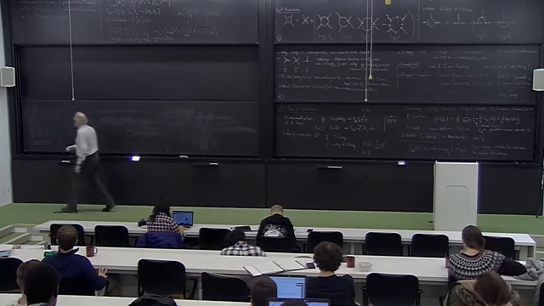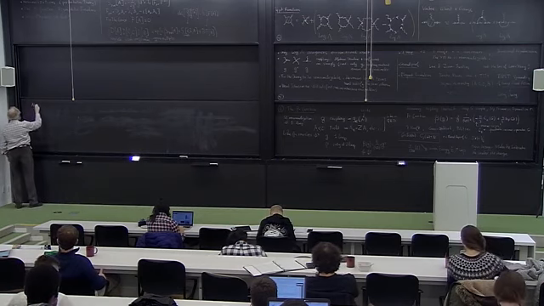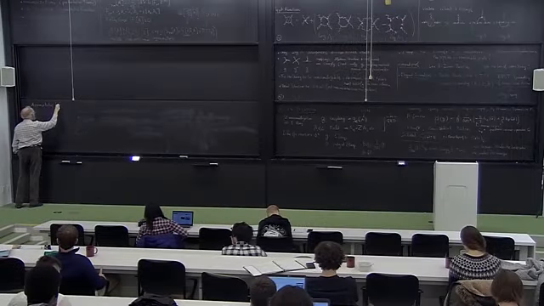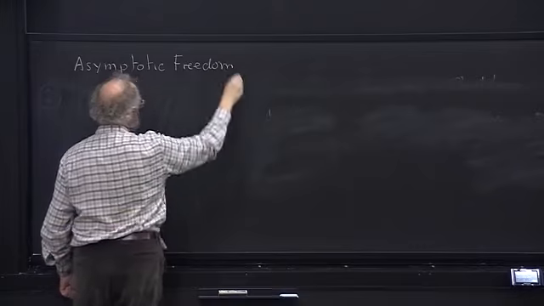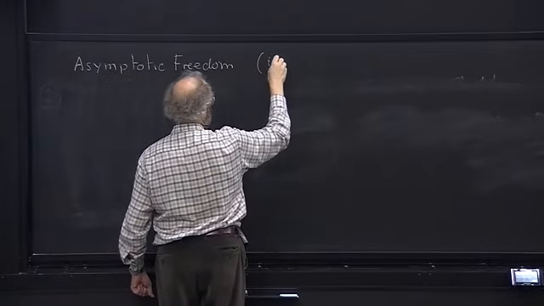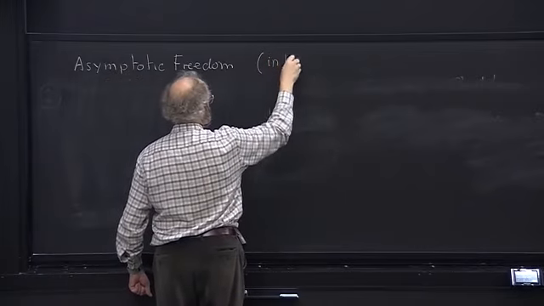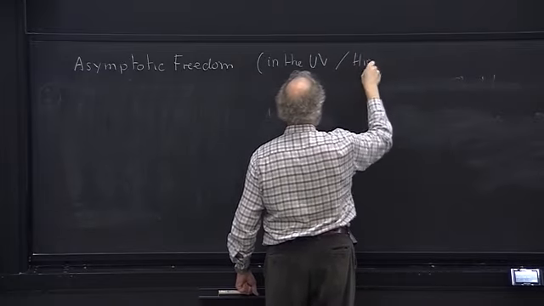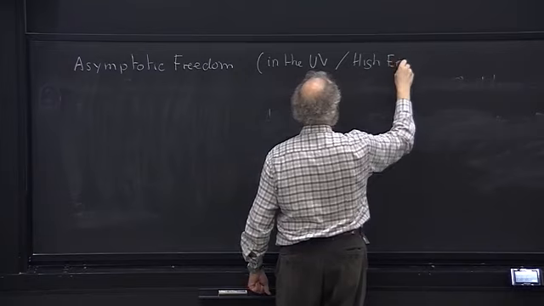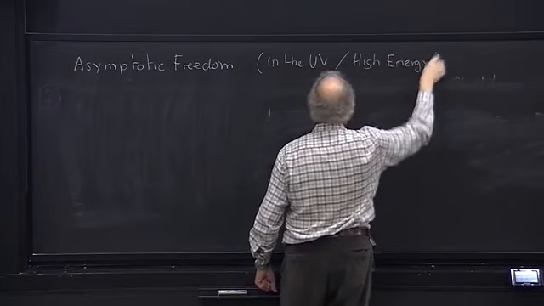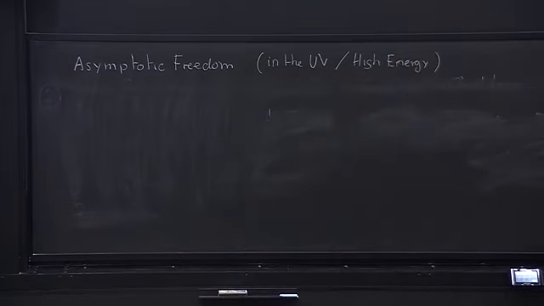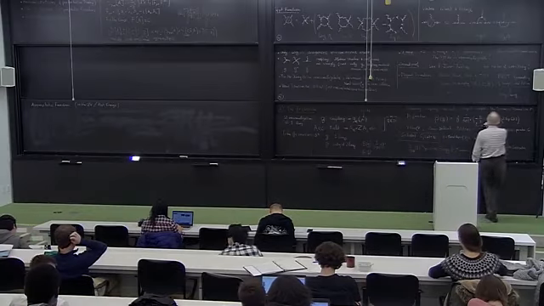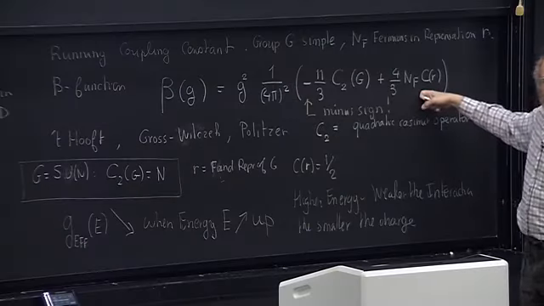So this is asymptotic freedom, and it's in the ultraviolet, namely high energy. And you see that this property stays true as long as you have not too many fermions.